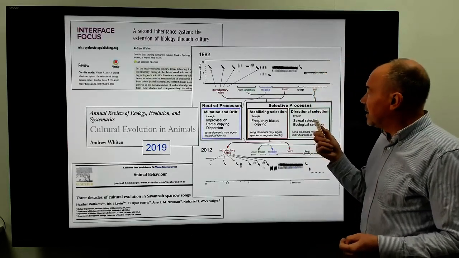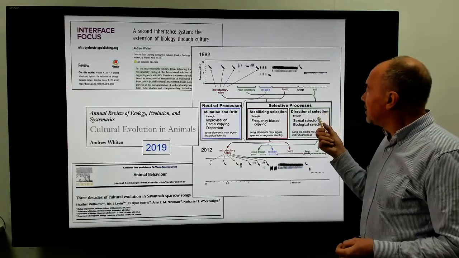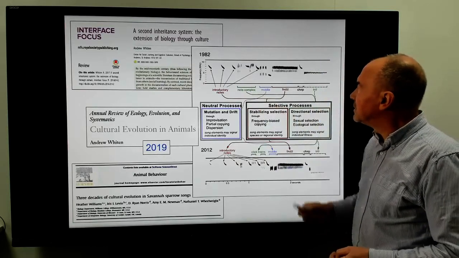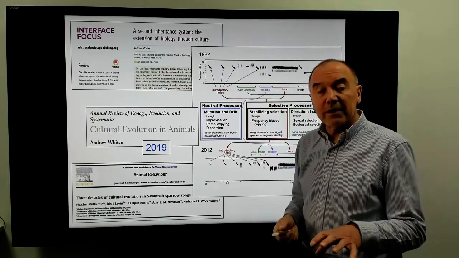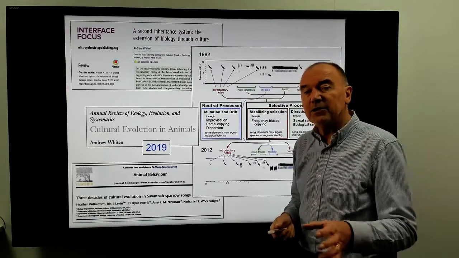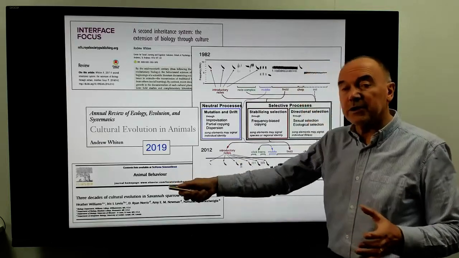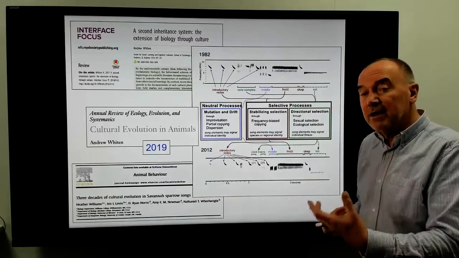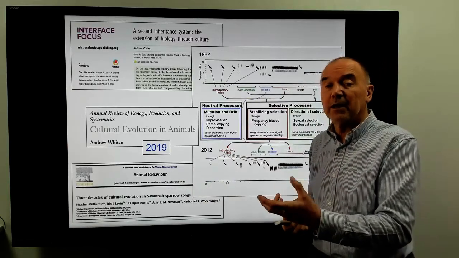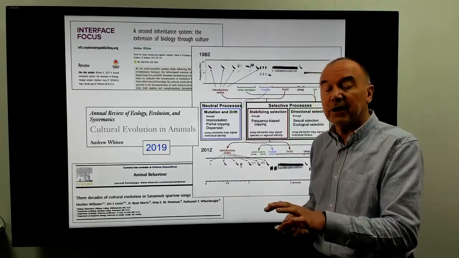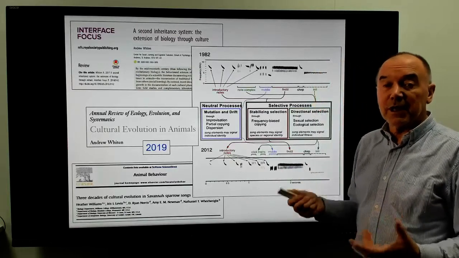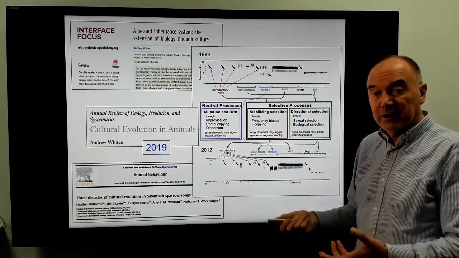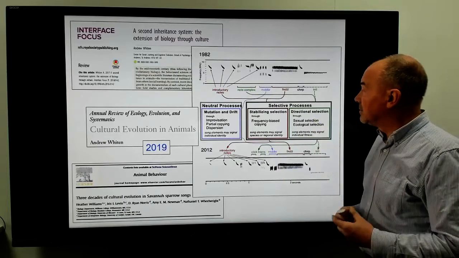Well, in this case, they identified just certain parts of the song, the trills and this note complex here, that they showed had shifted in one particular direction across this period, and birds singing further in that direction had higher reproductive success. So there's evidence here of selection in that way.